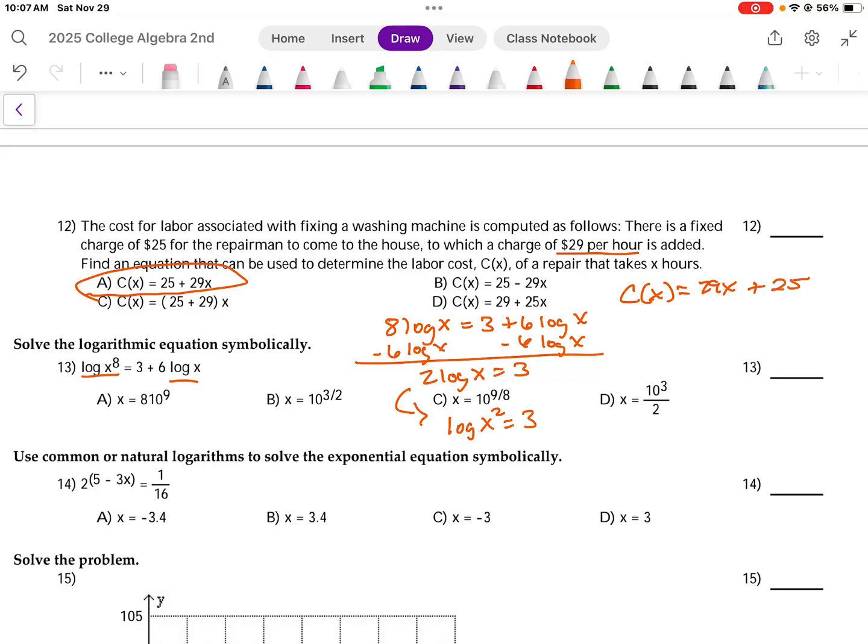Now I can rewrite this from logarithmic form to exponential form. Remember it's base 10, so 10 to the third power is equal to x squared. And then I can take the square root of both sides.